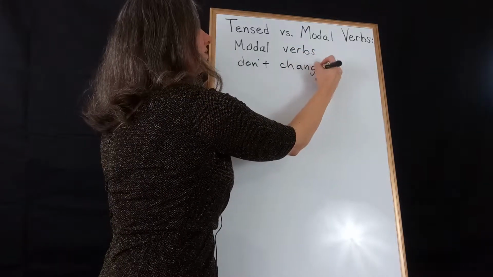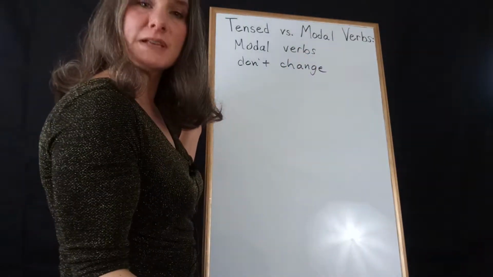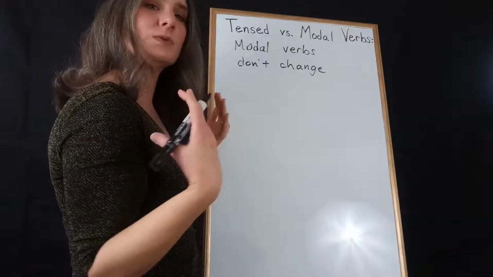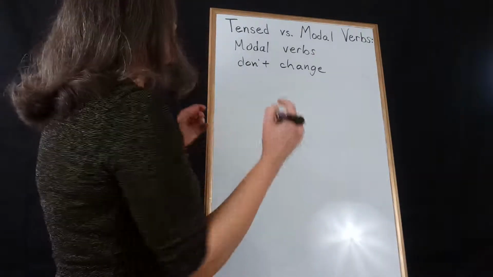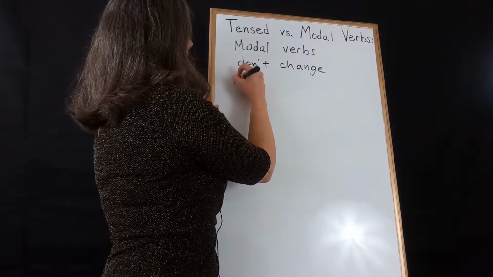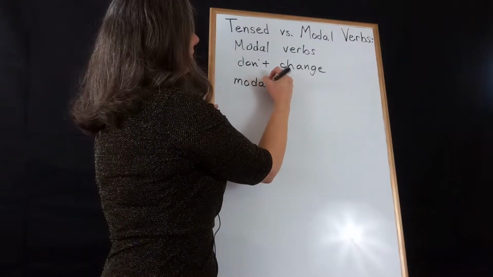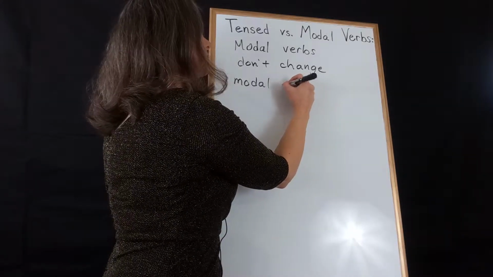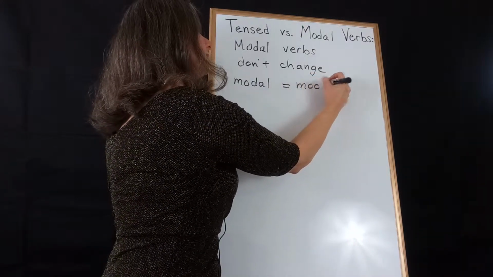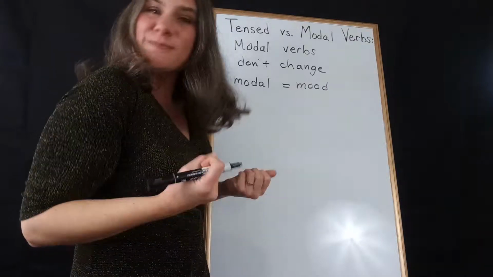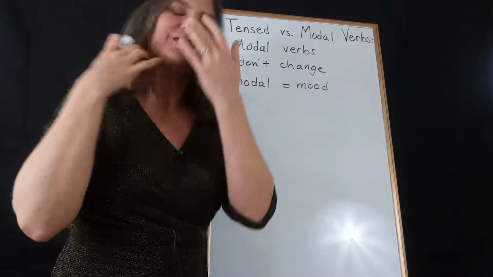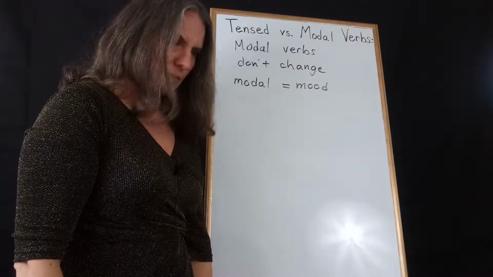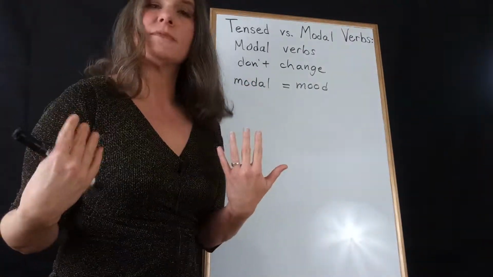They actually don't really change for any reason. They do not show tense. They don't show time. Okay? Modal verbs, the word modal is related to the word mood. So if I'm in a good mood, I'm really happy, right? If I'm in a sad mood or grumpy mood, that tells you kind of how I'm feeling.